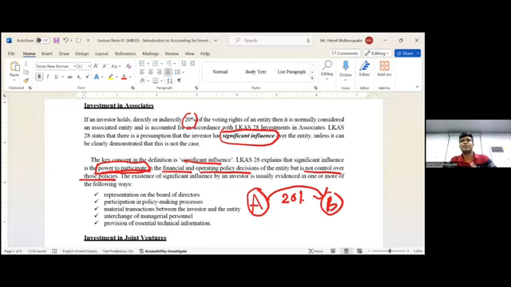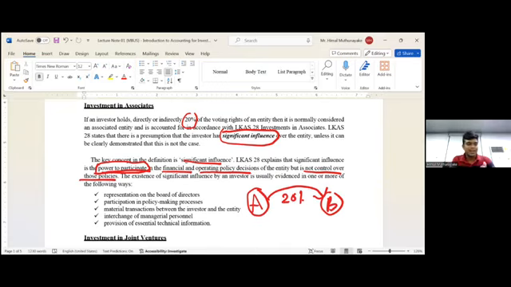For example, I am the one who provides material to that company. Even though I have 10%, if I stop the material, that company will collapse. So I can exert some significant influence on the company.